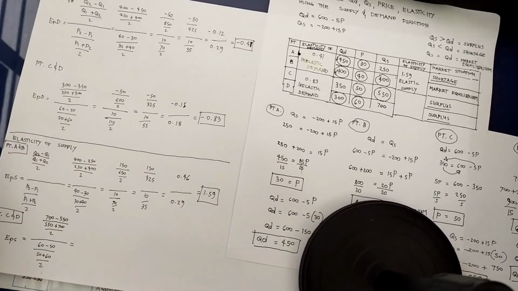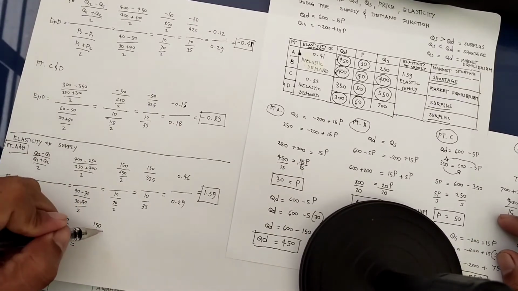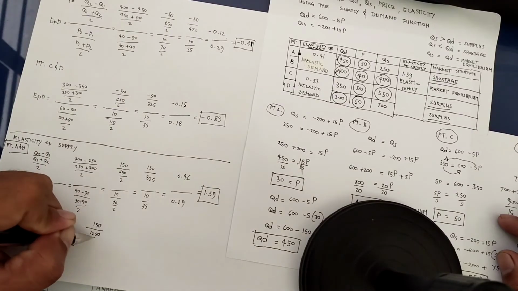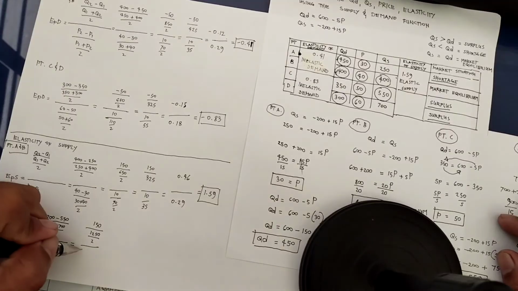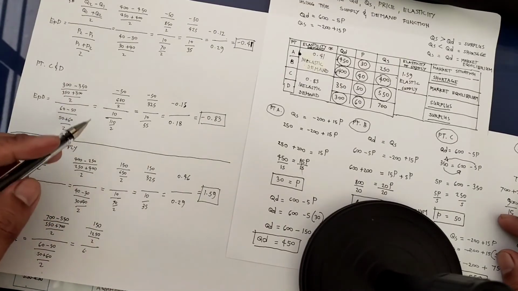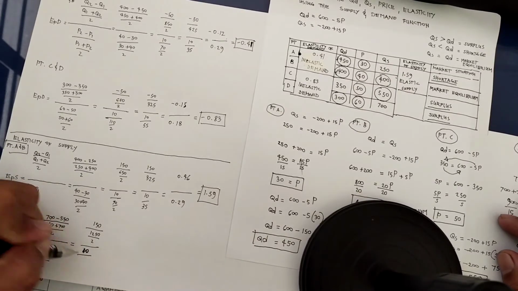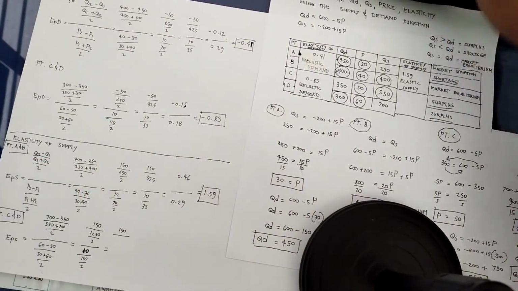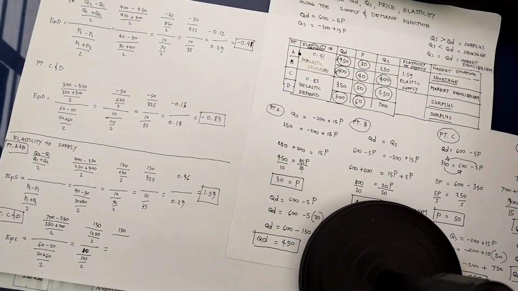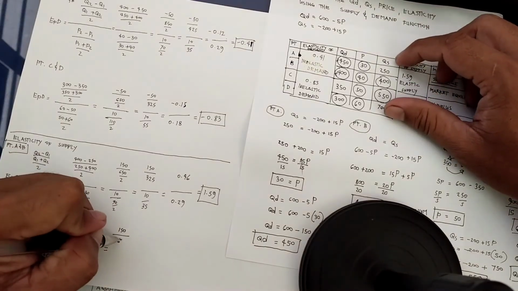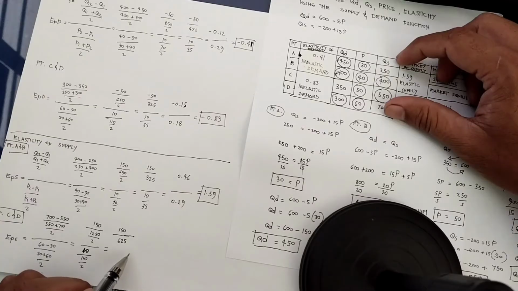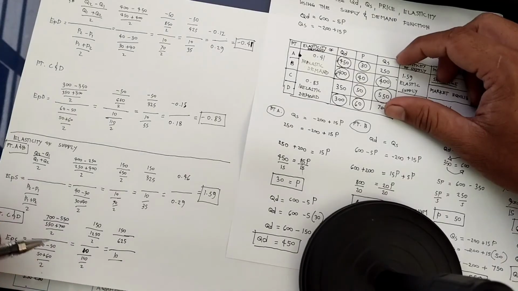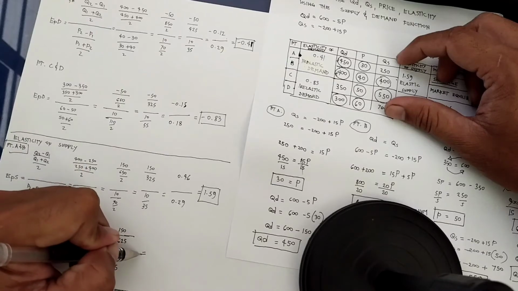So 700 minus 550 is 150, over 1,250 over 2, which is 625, over 10 over 110 over 2, which is 55.